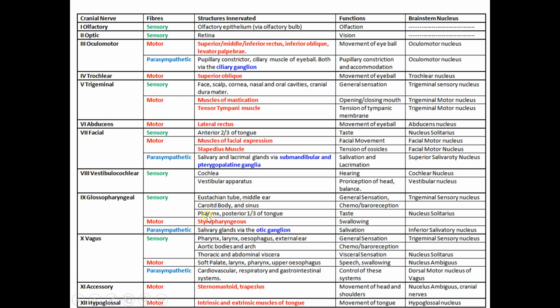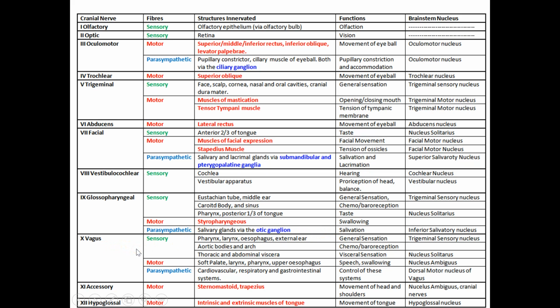The pharynx and posterior one-third of the tongue are also supplied by the glossopharyngeal sensory nerve, for taste. The motor component supplies the stylopharyngeus muscle, involved with swallowing. Parasympathetic fibers of the glossopharyngeal nerve supply salivary glands via the otic ganglion, associated with salivation.